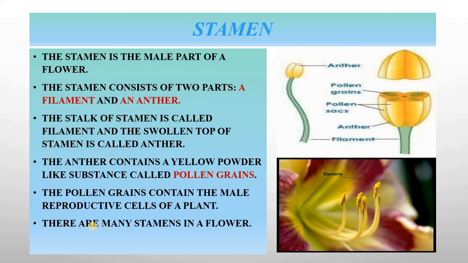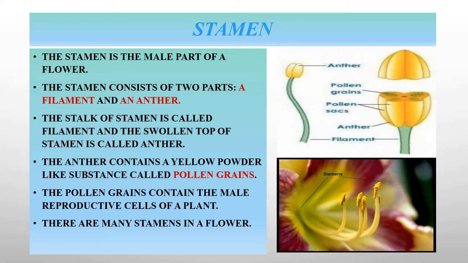Each pollen grain contains one male gamete of the plant, which is called the male nucleus of the pollen grain. Pollen grains generally have a tough protective coat which prevents them from drying up.